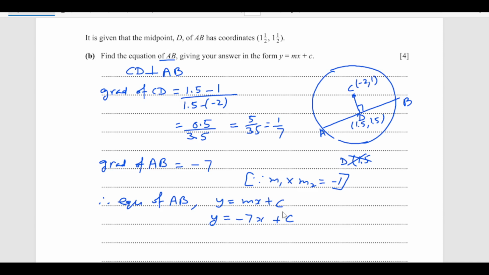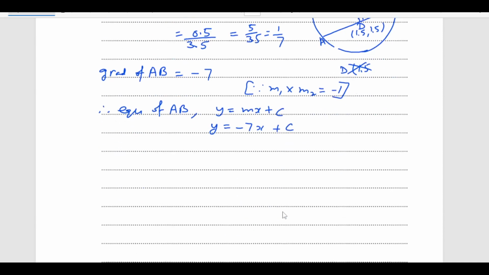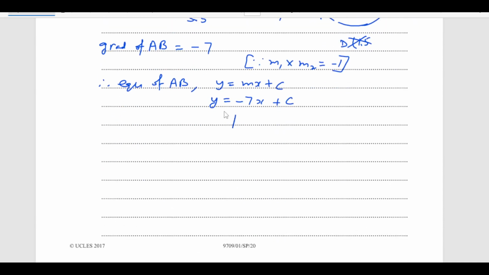Okay, then we can take this, or you can also use the fact that the equation of AB passes through point D, which is 1.5 and 1.5. So we can put these values. Y is 1.5, x is 1.5 plus c.